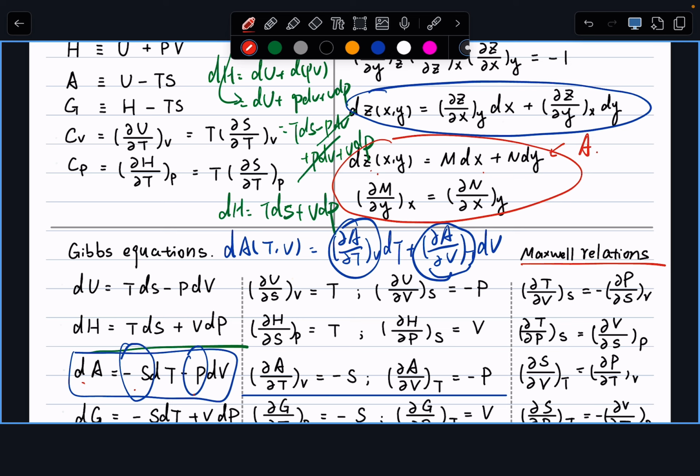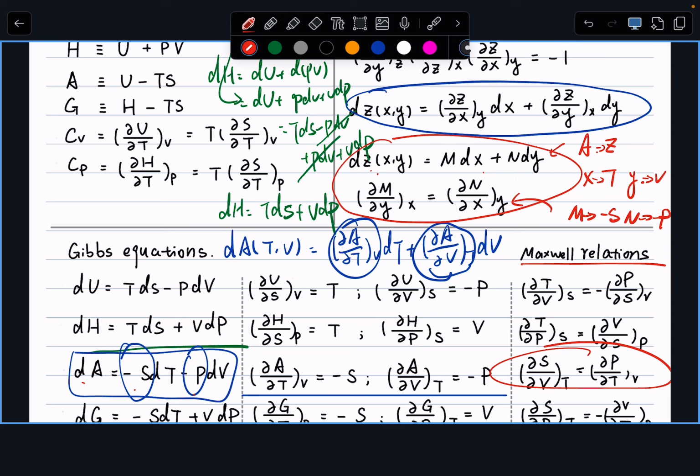So my A is z in this case, your x is T, y is V, and then your M is negative S, and N is negative P. Right, you plug it into this equation, you get the Maxwell relations.